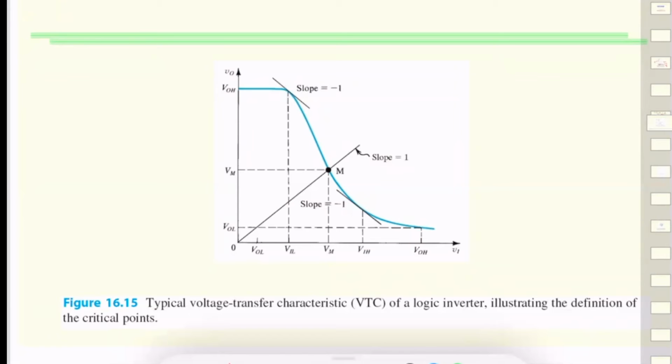There is a transfer characteristic, but there are points on the slope which have -1 gain.